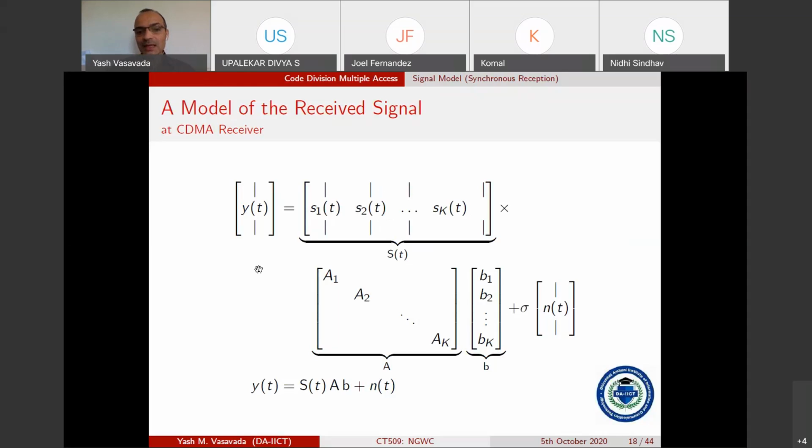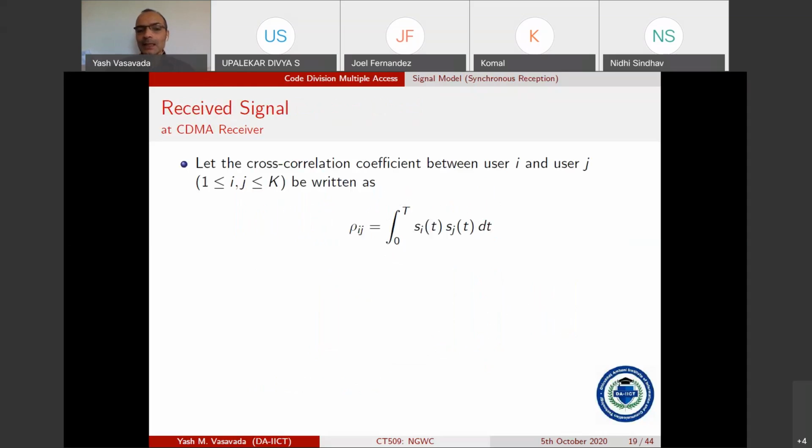And so now this S of t will actually be just a matrix which is filled up with random 1s and -1s. And then this correlation will not require this integration. It will be just summation of those 1s and -1s for two different users.